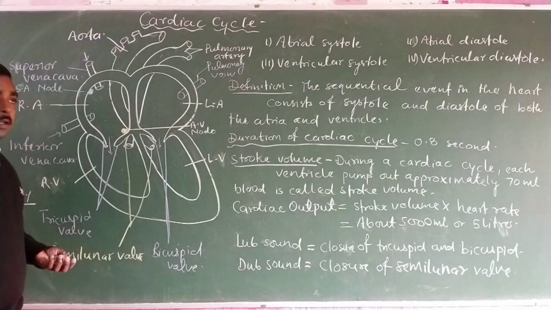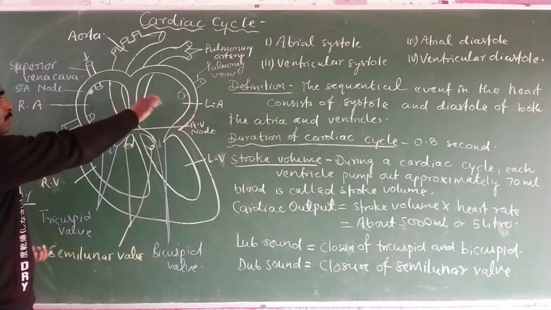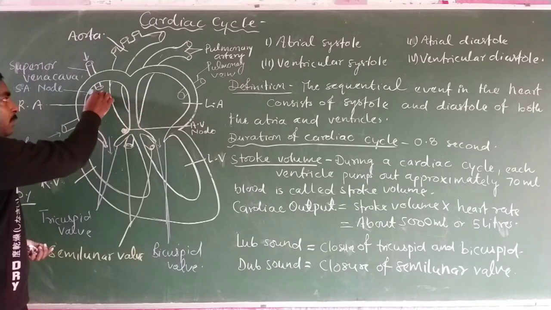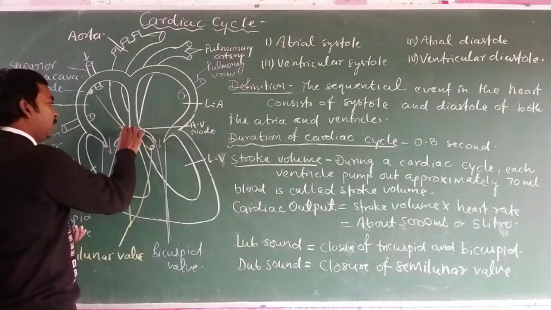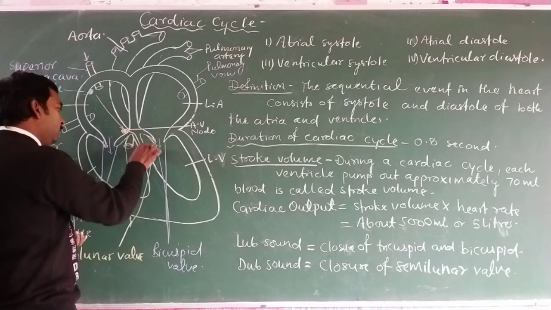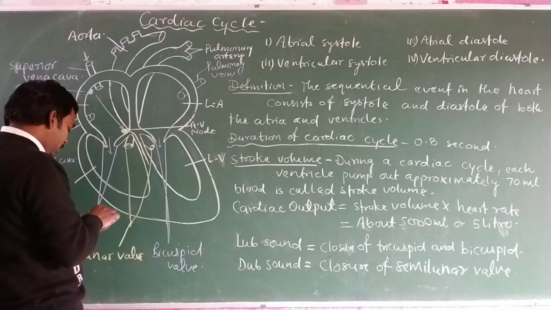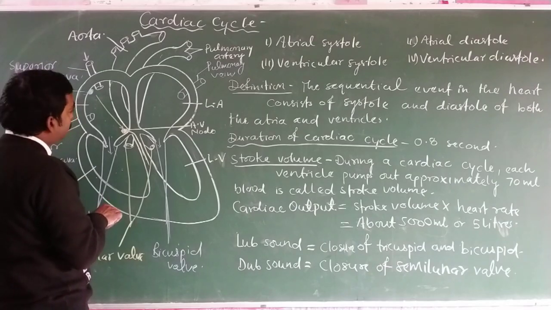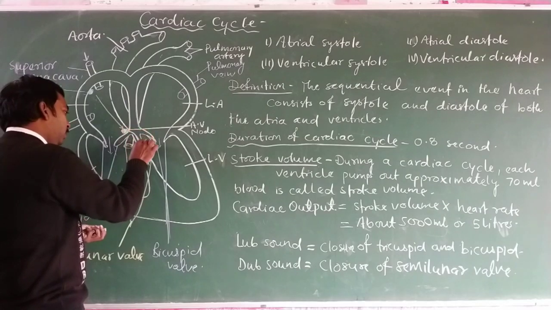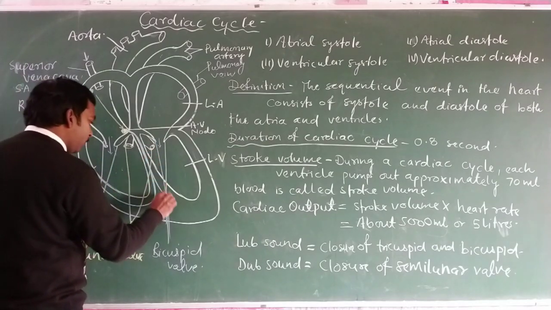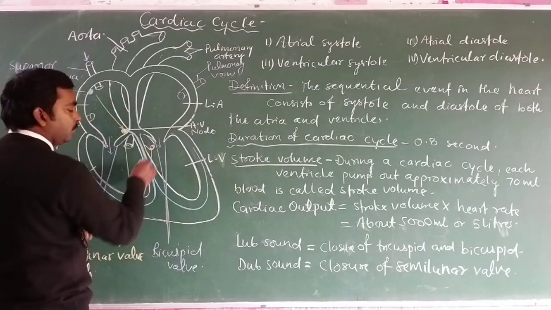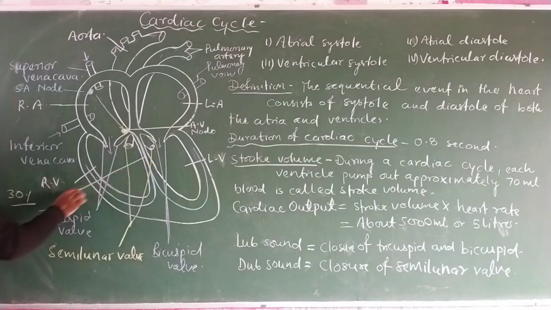Along with the impulse to both atria, the impulse is also transferred to the AV node, and the AV node circulates the impulse into the ventricle through a common structure known as the AV bundle.